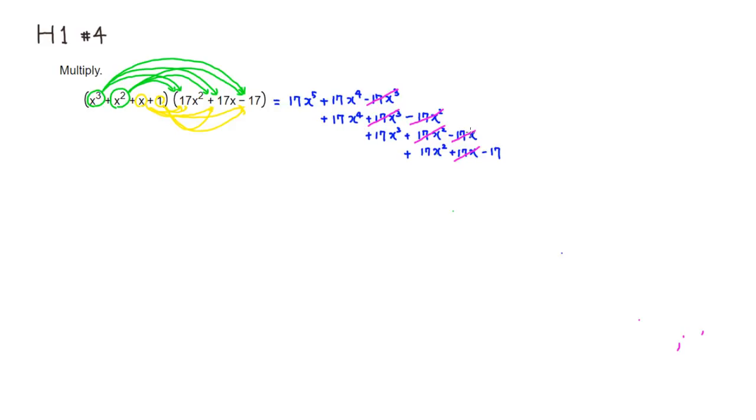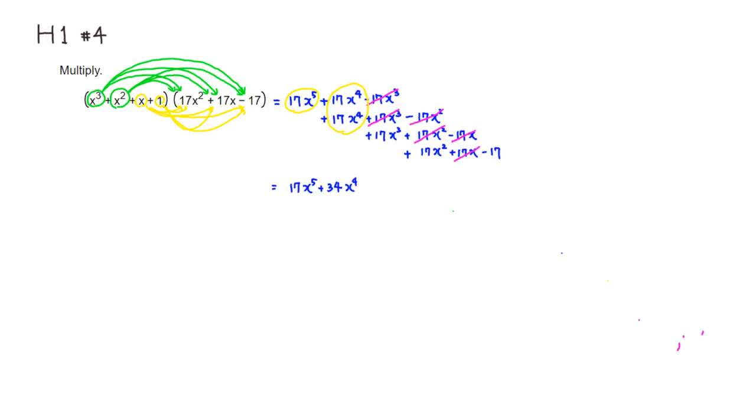Then we just have to collect the leftover terms. This is going to be 17x to the 5th. If you combine those two, 17 plus 17 is 34, so 34x to the 4th power.